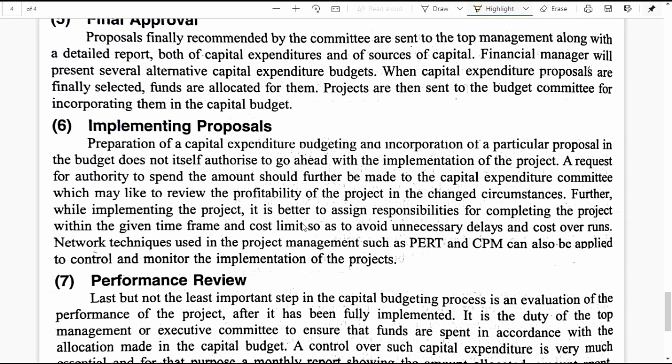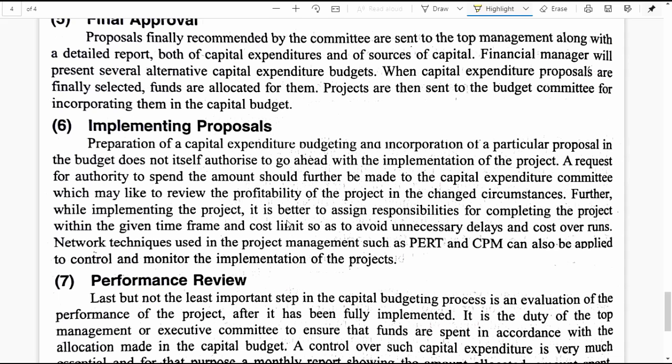A request for authority to spend the amount should further be made to the capital expenditure committee, which may like to review the profitability of the project in the changing circumstances. Further, while implementing the project, it is better to assign responsibilities for completing the project within the given time frame, and also the cost limit which has been prescribed in order to avoid unnecessary delays and cost overruns through the project.